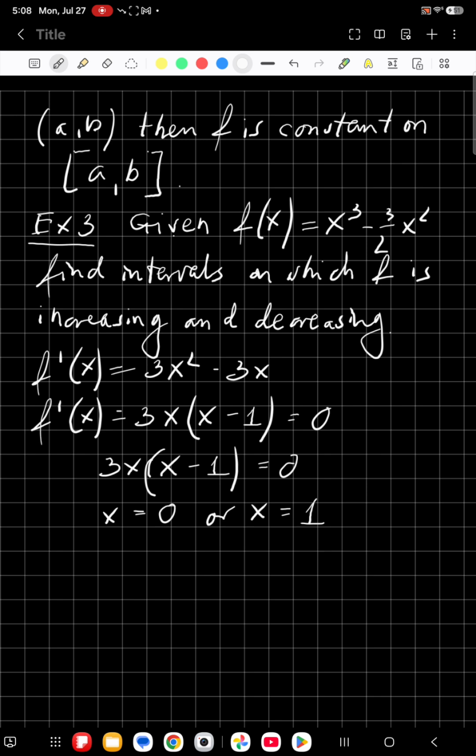These are the critical numbers. What we'll do is take those critical numbers and put them on a number line.